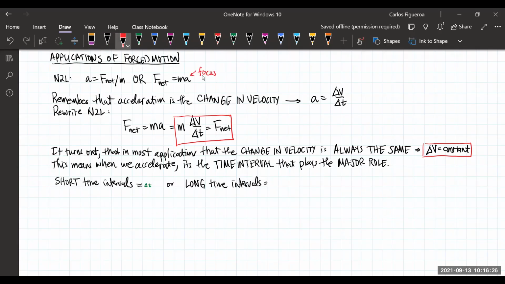And this one means that it's nice and big. So what do I mean by this? So when I look at the acceleration, we can have small or large accelerations.